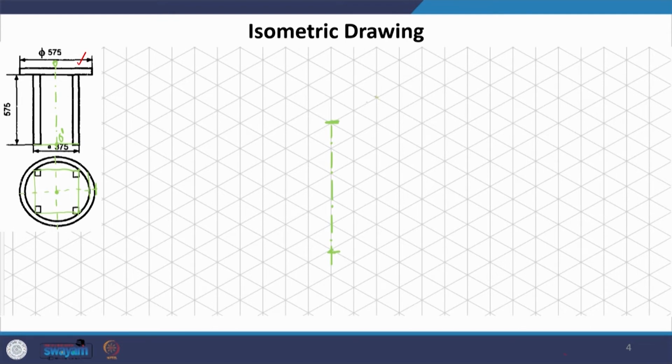So, what we have, say approximately this, is the top circle. So, this is how the top circular plate is going to come and then right beneath it.